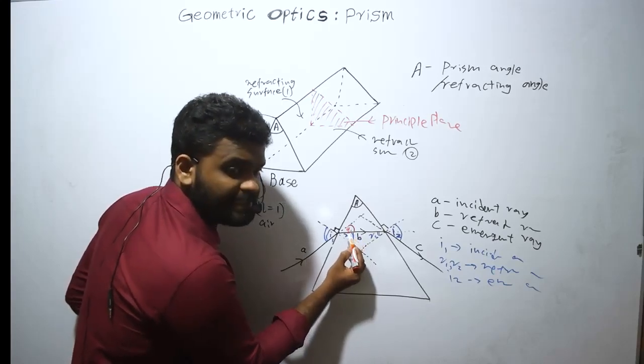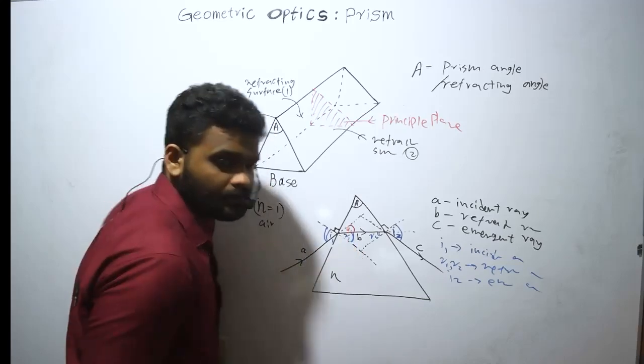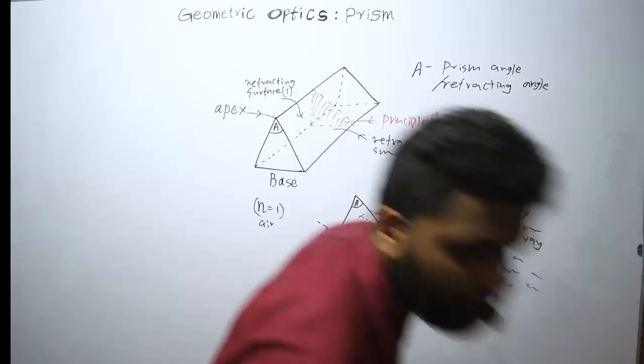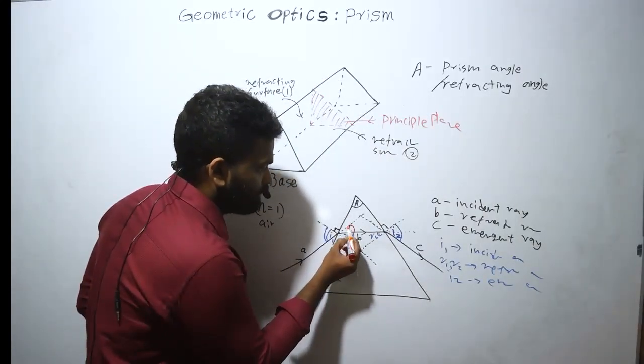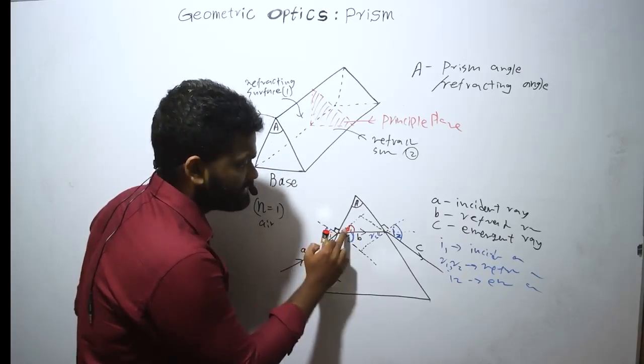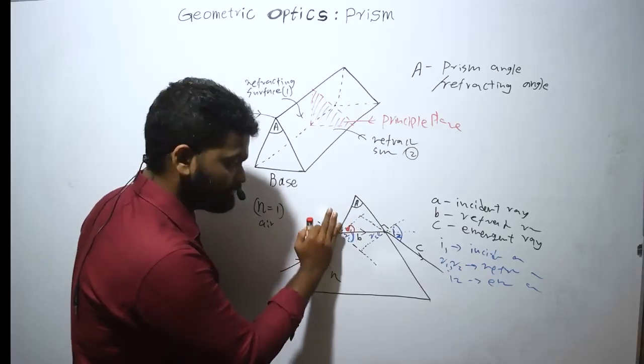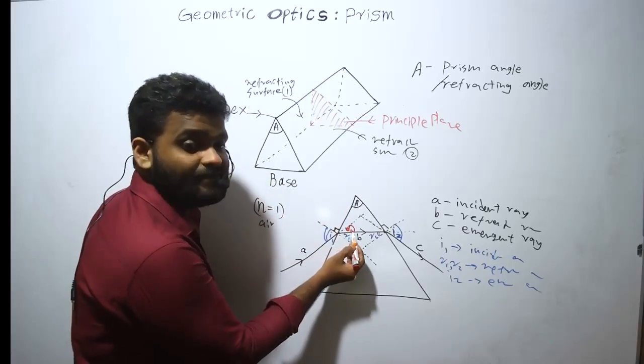It is bent by D1 amount. This is called the angle of deviation. So this is deviation by the first surface. At the first surface, this is deviated by D1 amount.